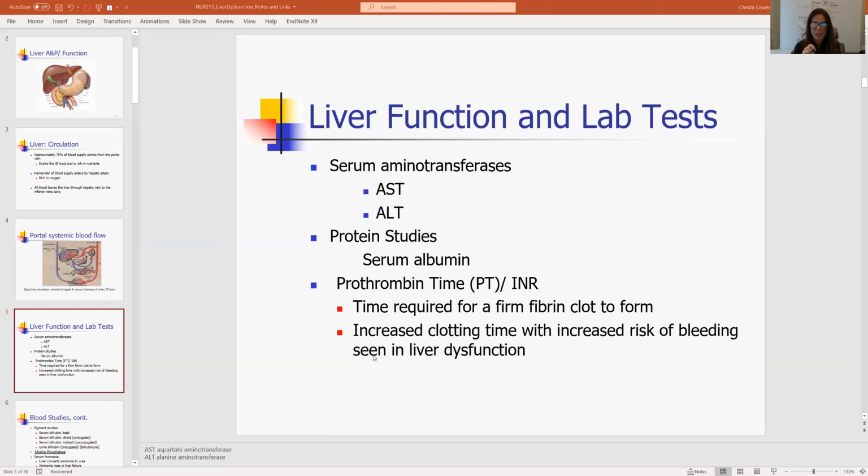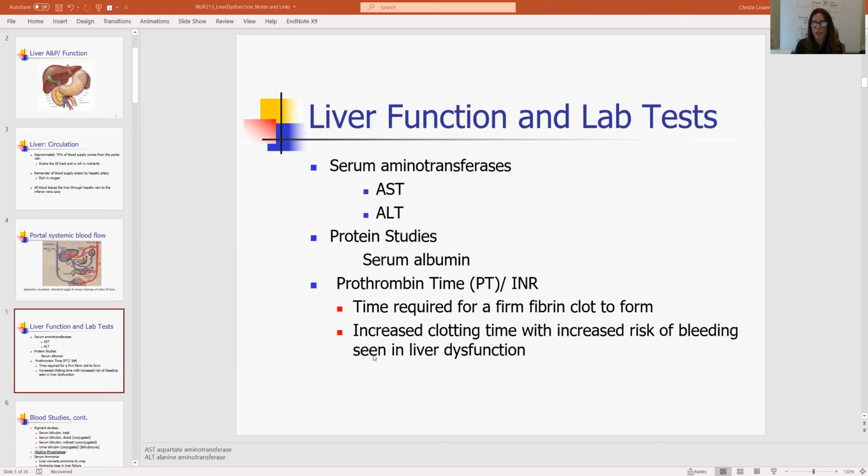I always think the L in ALT stands for liver. So I know when that one's rising, we've got something acutely going on in the liver. And they both rise, but the ALT is specific to the liver. All right, so these are good indicators when they're really high, 3 to 4 times the normal, of acute liver injury.